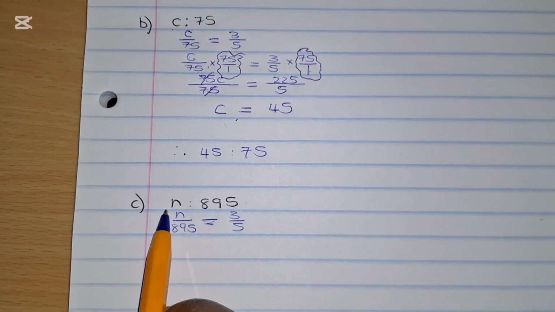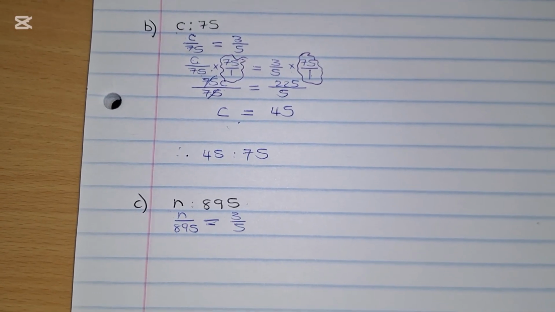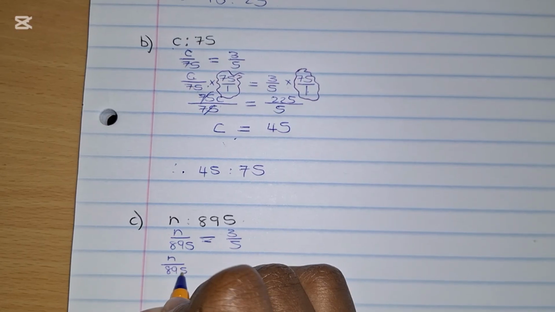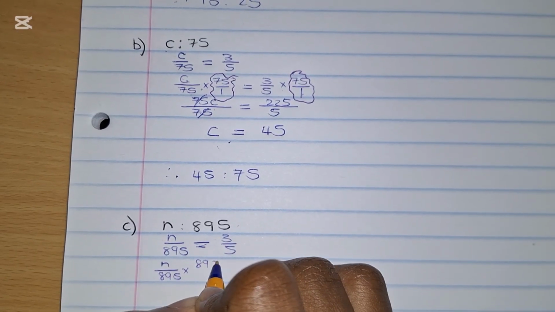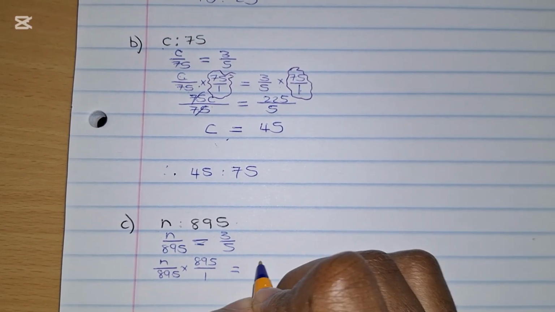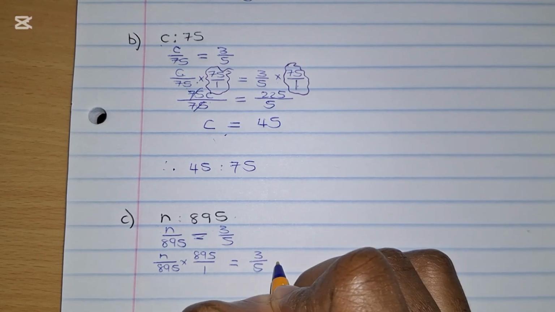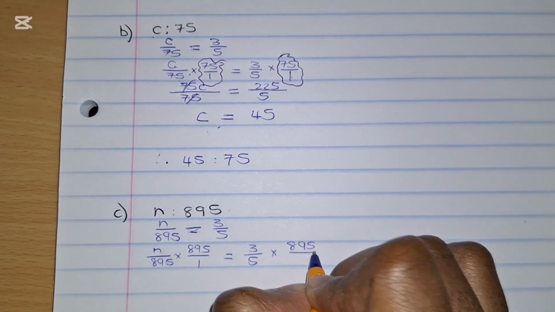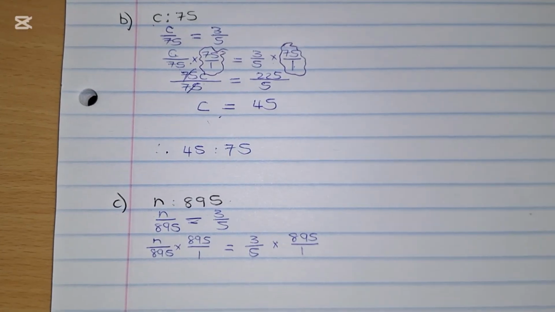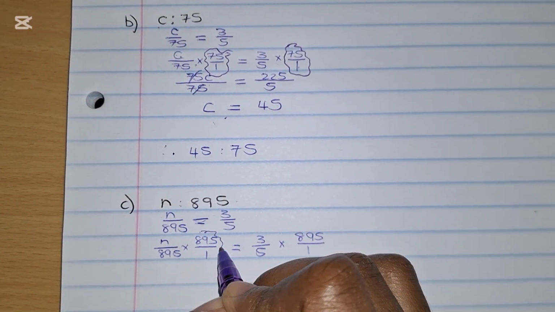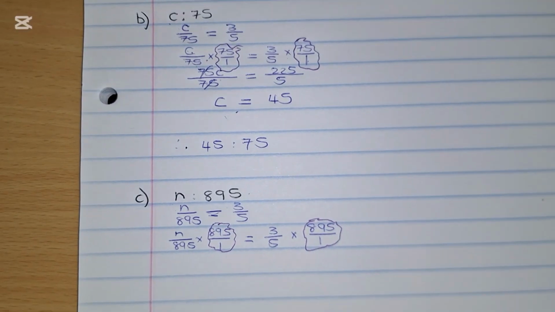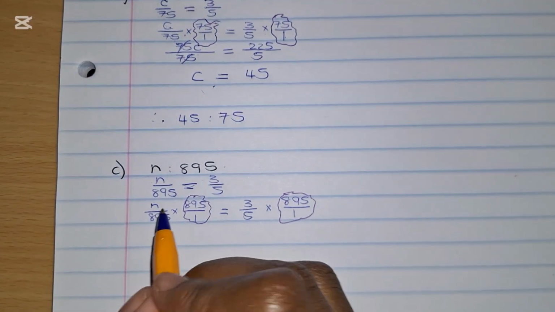We want N by itself, not N over 895, meaning we times by 895 over 1 is equal to 3 over 5 times 895 over 1. Why did I do that? Because what I do to the one side, I have to do to the other. Okay.